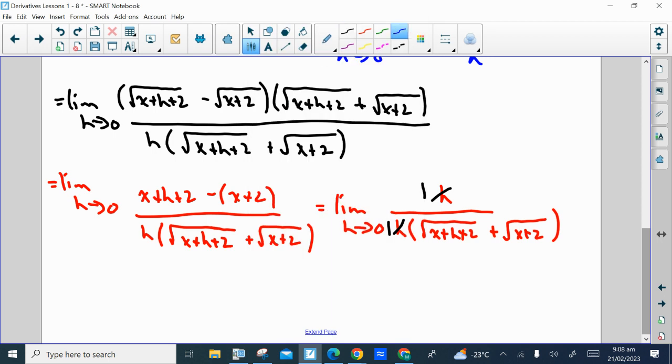Okay, but we have gotten rid of the factor of h on the bottom. So if we write out what we have left, we no longer need those brackets there because we've gotten rid of the factor.